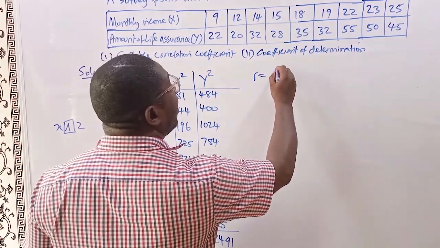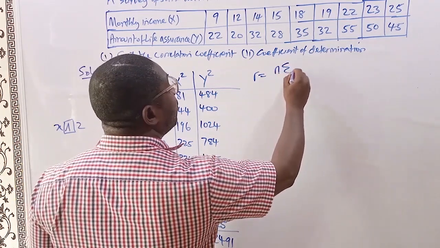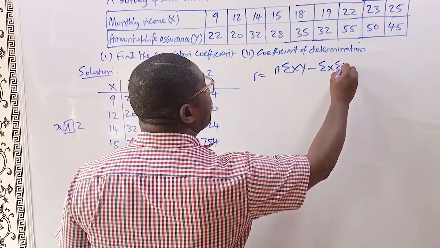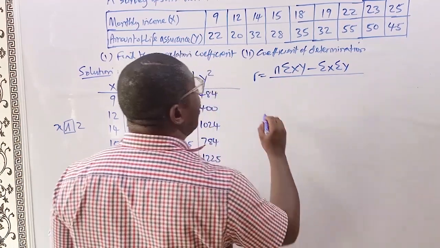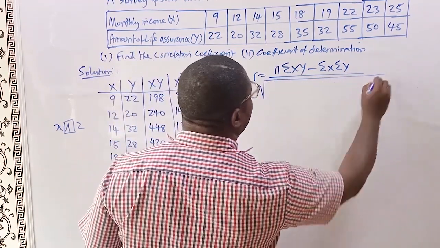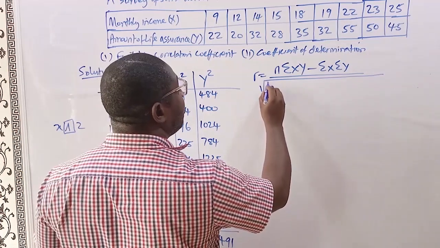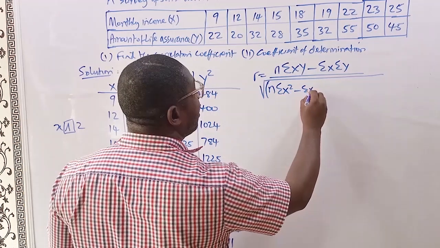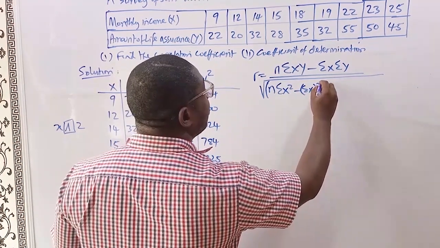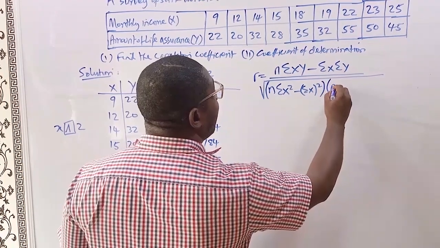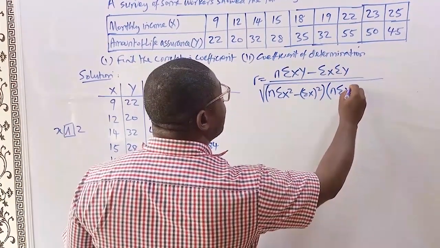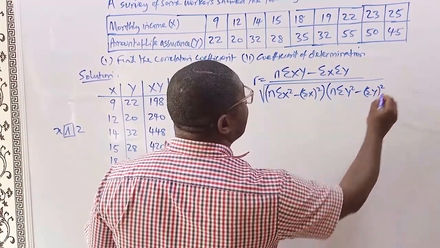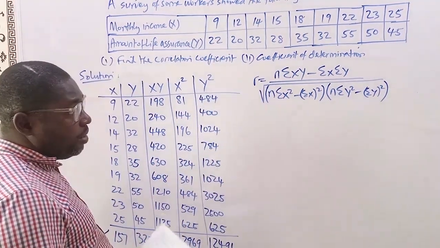We have n, that's number, summation xy, minus summation x, summation y, all over the square root, the long one, of n, open bracket, n summation x squared minus summation x all squared, close the bracket, multiply by n summation y squared minus summation y all squared. I will close the bracket. So this is the formula we'll be dealing with.